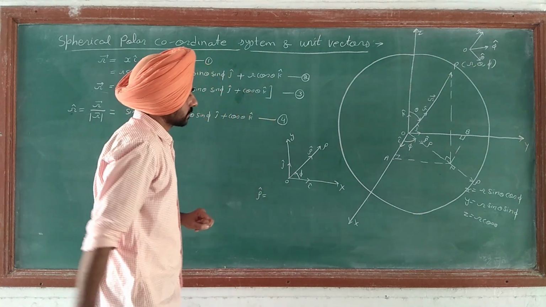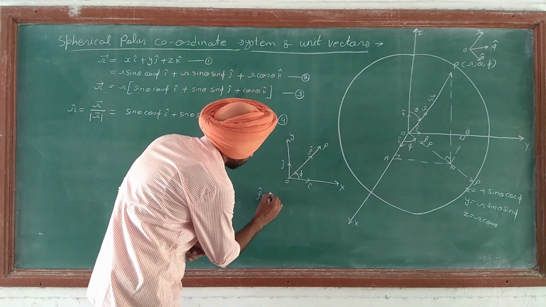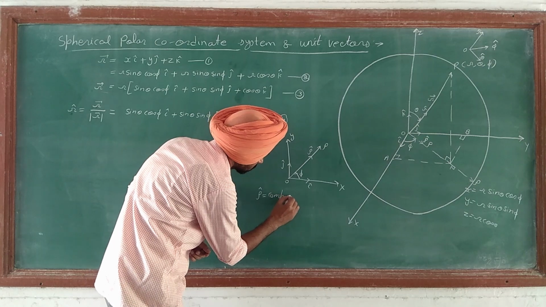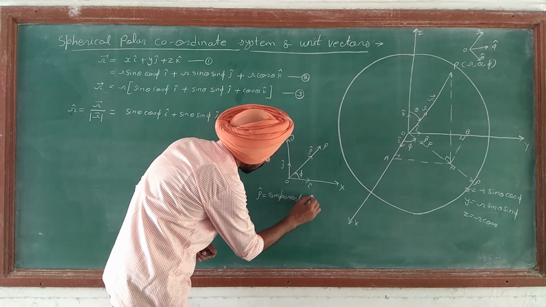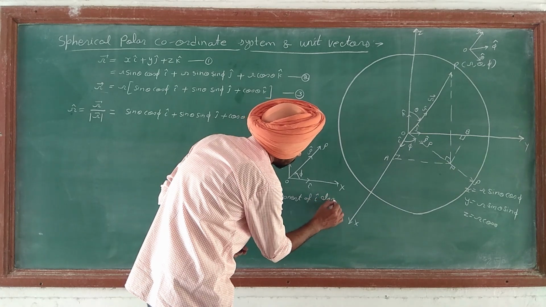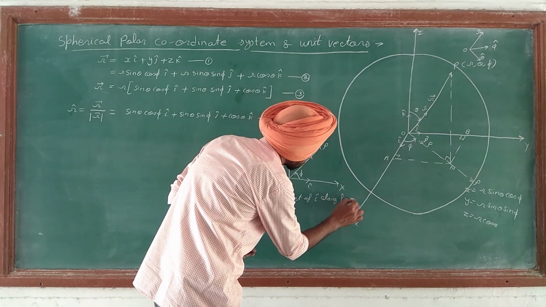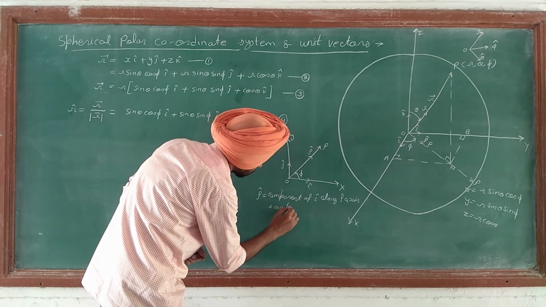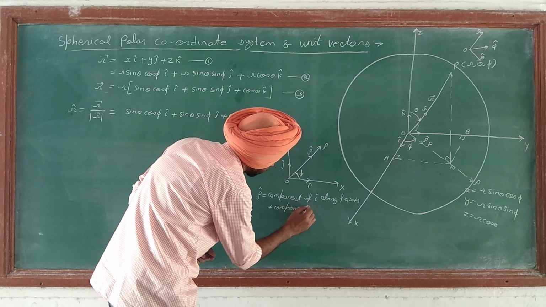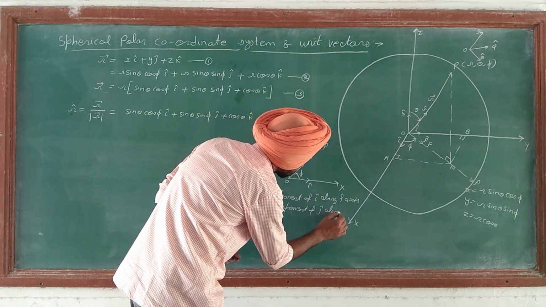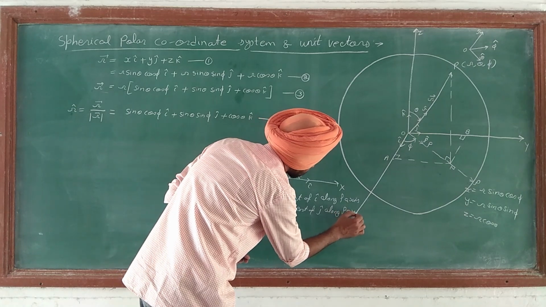Rho cap is the component of i cap along the rho axis plus the component of j cap along the rho axis.